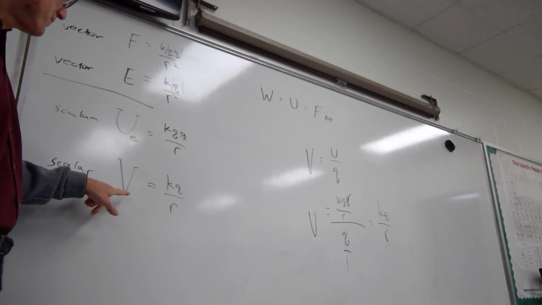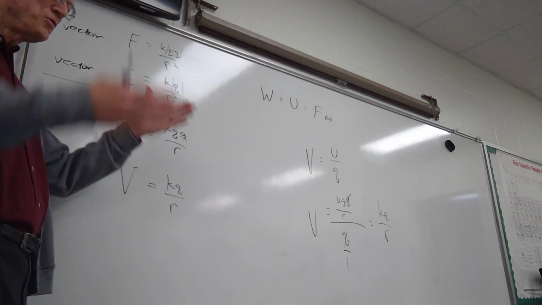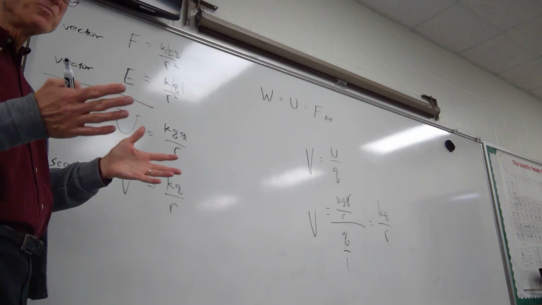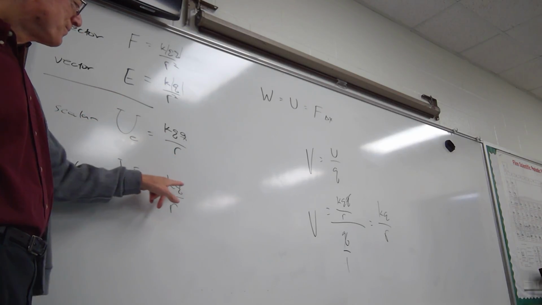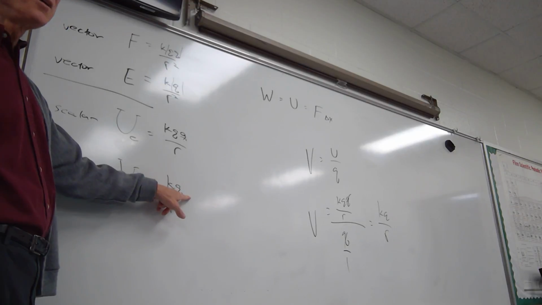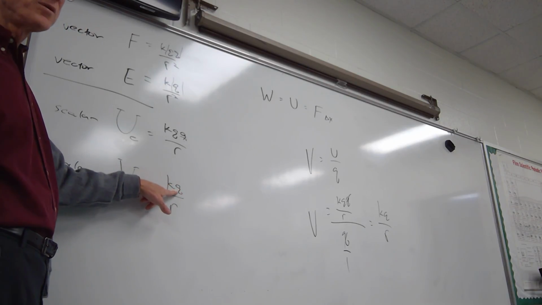Now remember we said for V, you don't even need a test charge. You can just have two parallel plates and there's V, there's potential between the plates, whether you put anything there or not. So that's why it makes sense to not have the test charge in this equation. You don't need a test charge, you just need a source of the field.